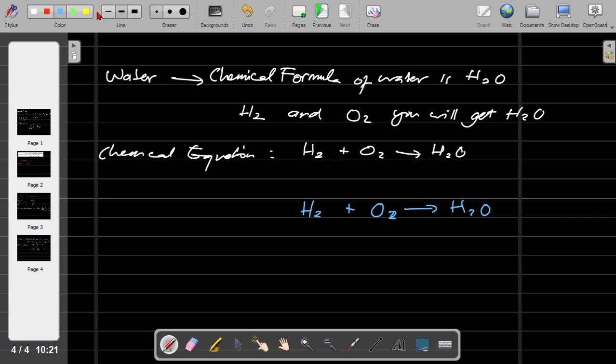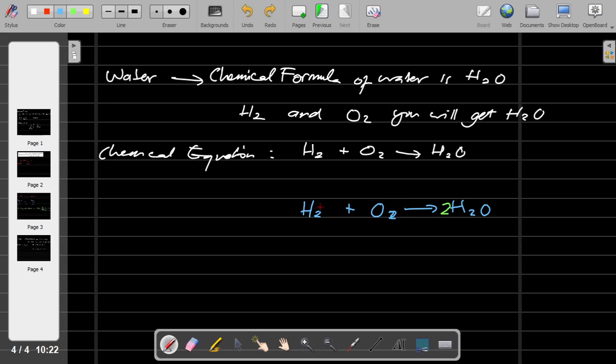So we have to put number 2 here. The oxygen on the product side is then also 2 atoms. So 2 O, and also here O2.